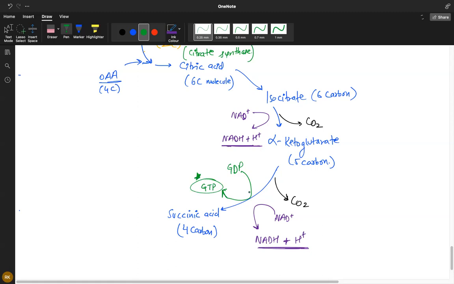But don't be disheartened. The most frequent energy currency is ATP. GTP is also used in plants. So because we are studying respiration in plants, you will find GTP also coming up at this step.